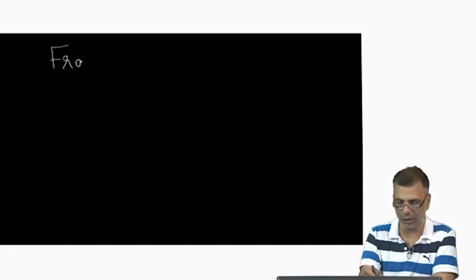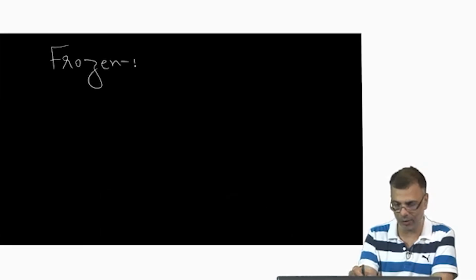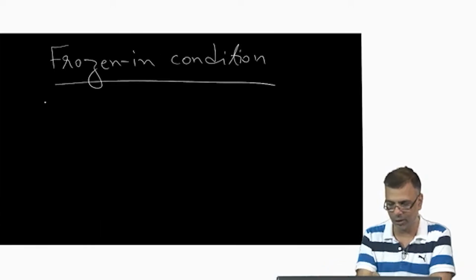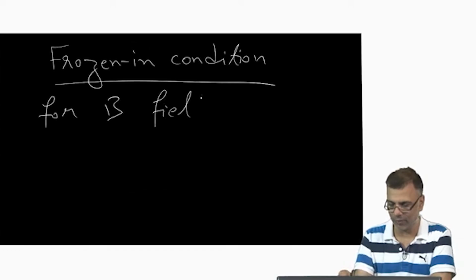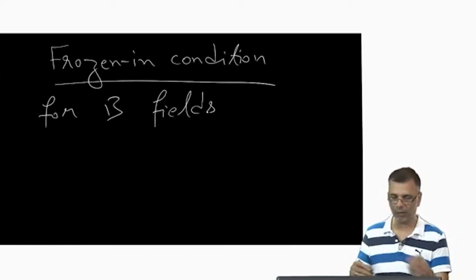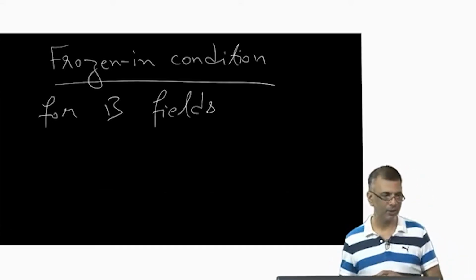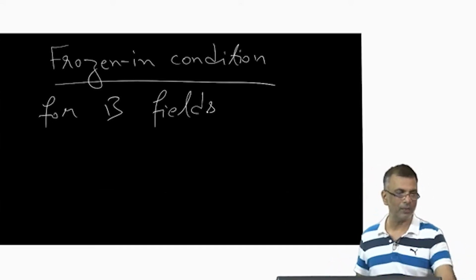Now, the main thing to remember is the frozen in condition, which we discussed at length a little while ago, the frozen in condition for B fields. In other words, the fact that whatever the velocity field does, the B field obeys. So, this is one of the main things to remember.